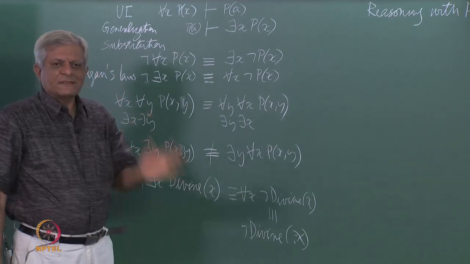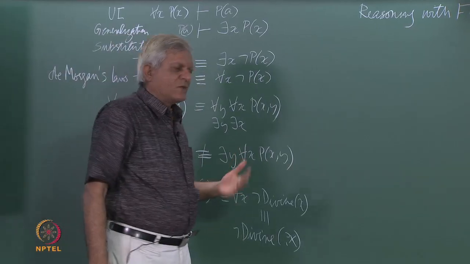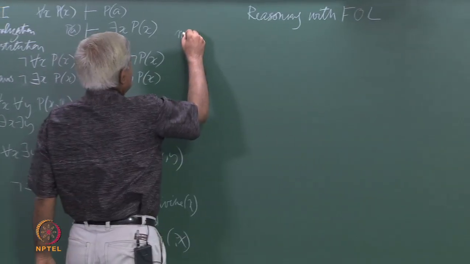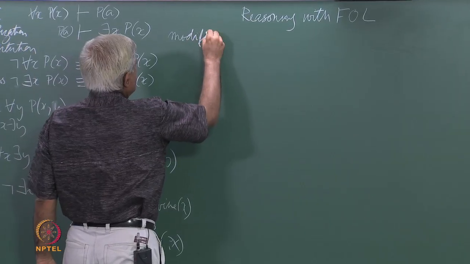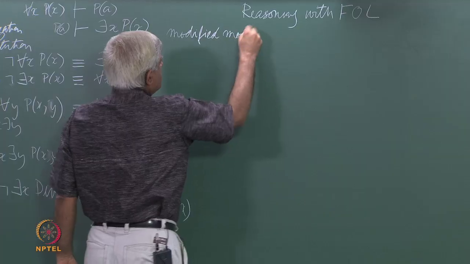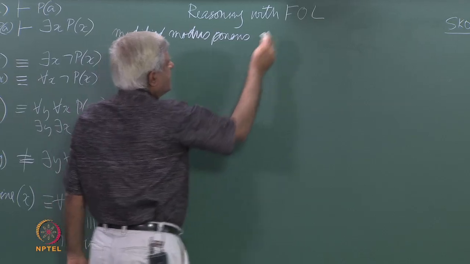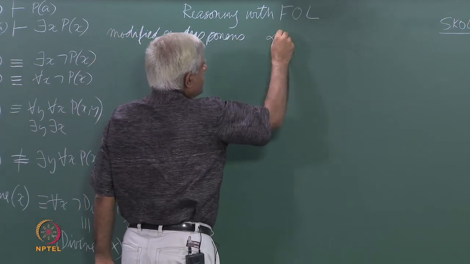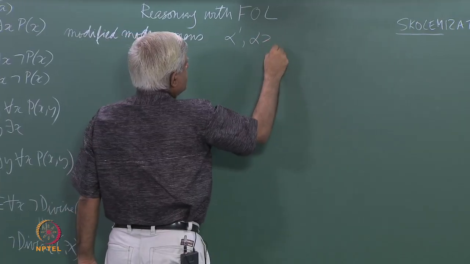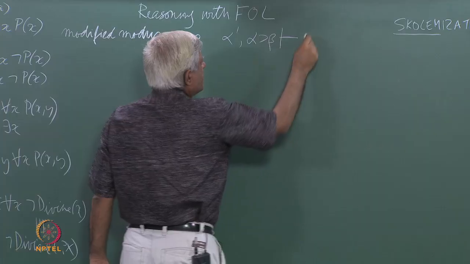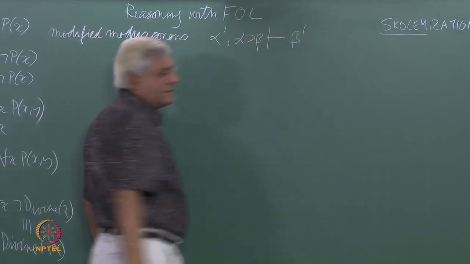Okay. So, in the last class we had started looking at forward chaining, we had looked at the rule of modified modus ponens, which said that if you have alpha prime and alpha implies beta, then you can produce beta prime from there.